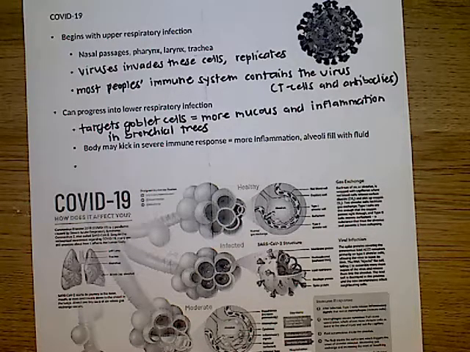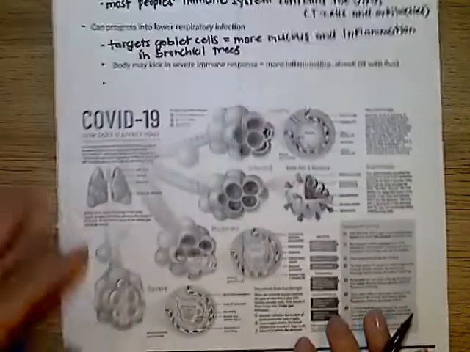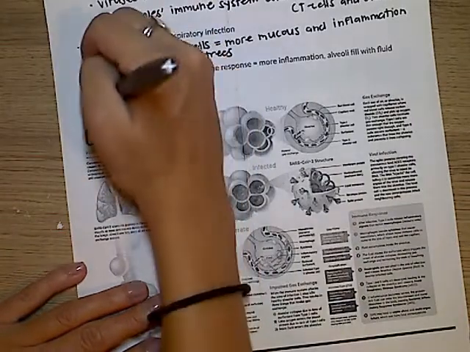Sometimes the body may kick in a severe immune response, which is going to cause more inflammation, and to the point where your alveoli, these little grape-like sacs in your lungs, can fill with fluid. This can lead to pneumonia.